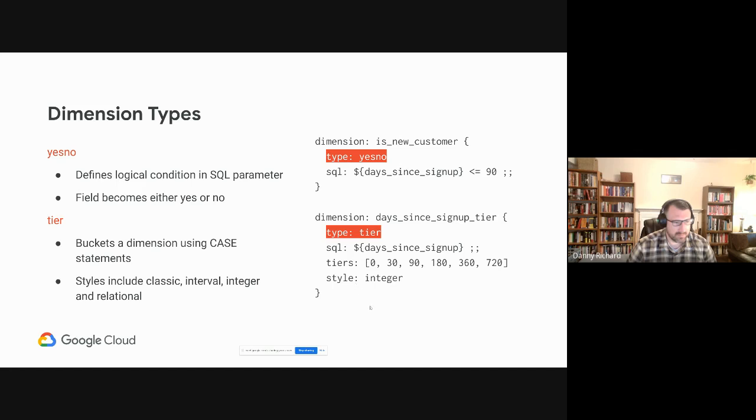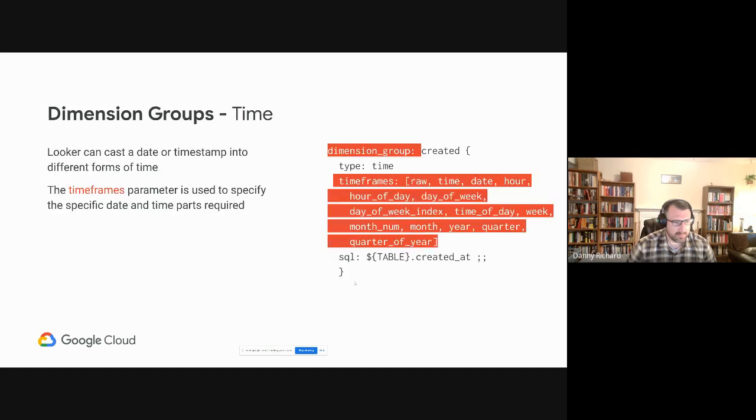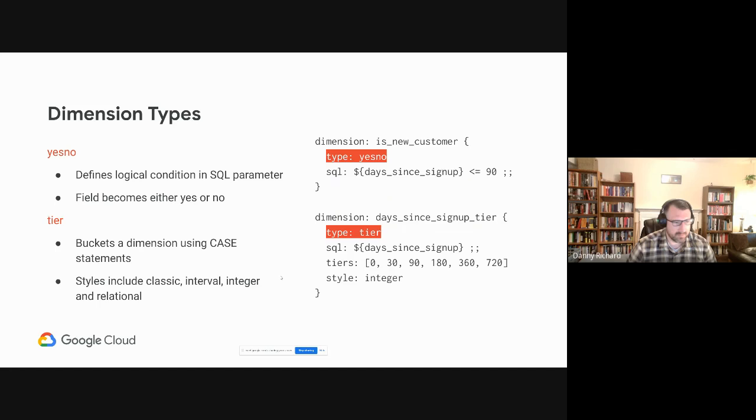So you take the metric and you bucket it into tiers, and when you use a tier dimension, the different levels will be 0, 30, 90, 180. So that's a nice way to analyze a metric. Behind the scenes, both of these types of statements are going to produce case when statements in SQL.